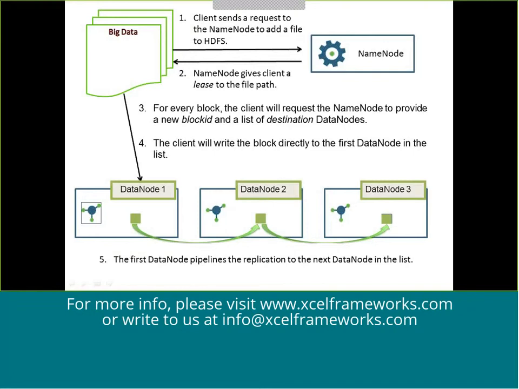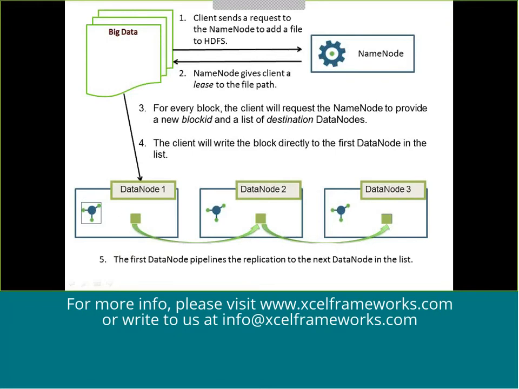So now, visualizing that we have a 3x replication, when the block is written to the second data node, it will contact the third node in the queue and ask it to get ready to accept the block. So now I have the block written to the third data node as well. The first data node pipelines the replication to the next data node in the list. So this is called a pipeline write.